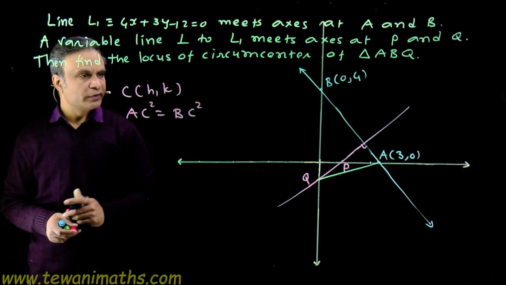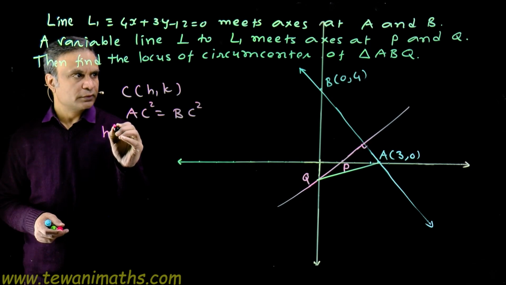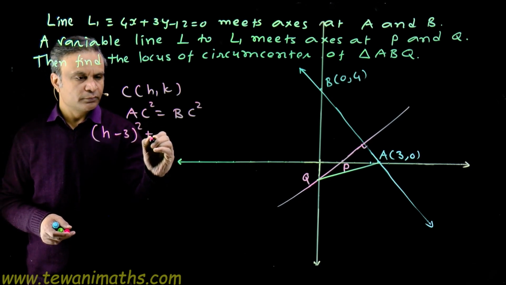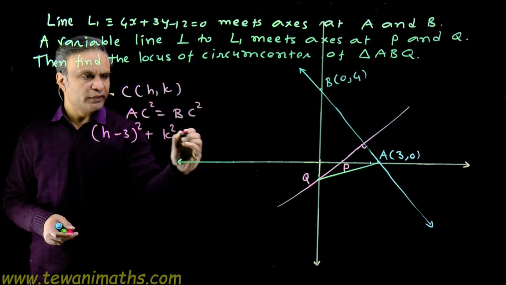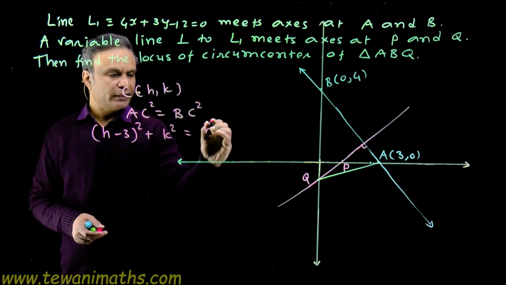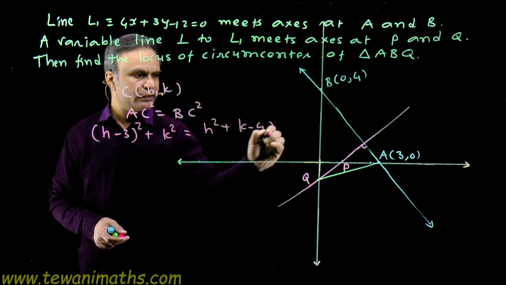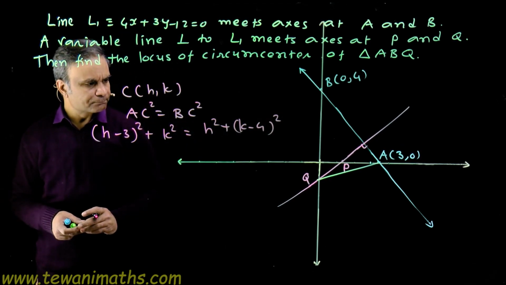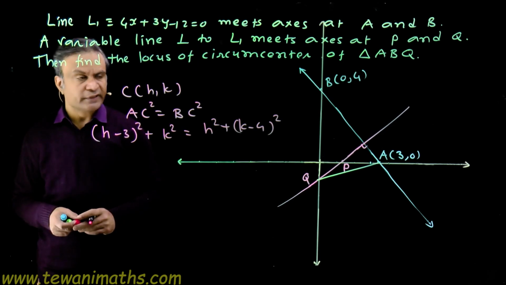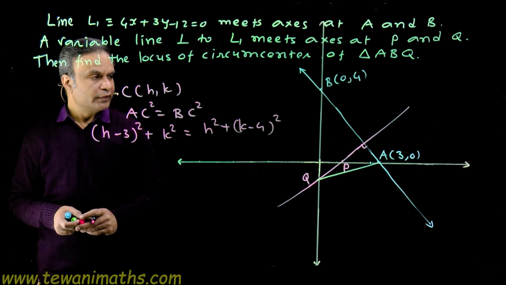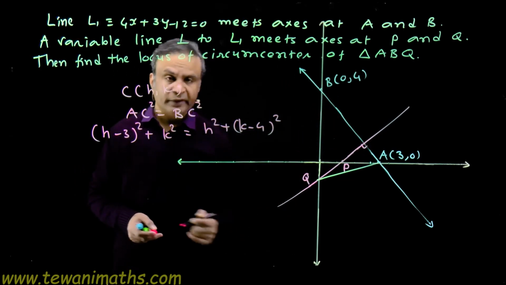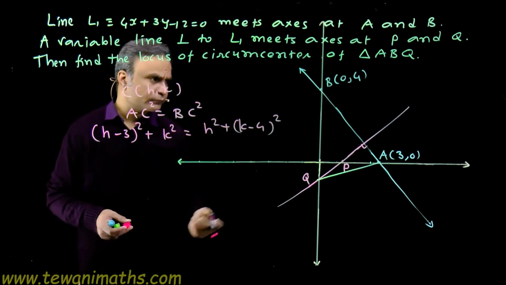Now AC square is h minus 3 whole square plus k square, and BC square is h square plus k minus 4 whole square. ठीक है? We can say that circumcenter will lie on the perpendicular bisector of line segment AB or side AB.